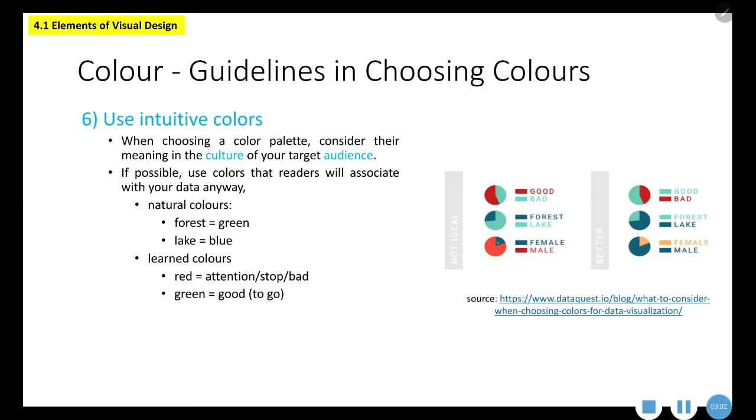So we could switch to another color. Male will remain blue and female could be a color other than red, yellow or pink and so on. So red for bad, green for good, green for forest, and blue for lake.